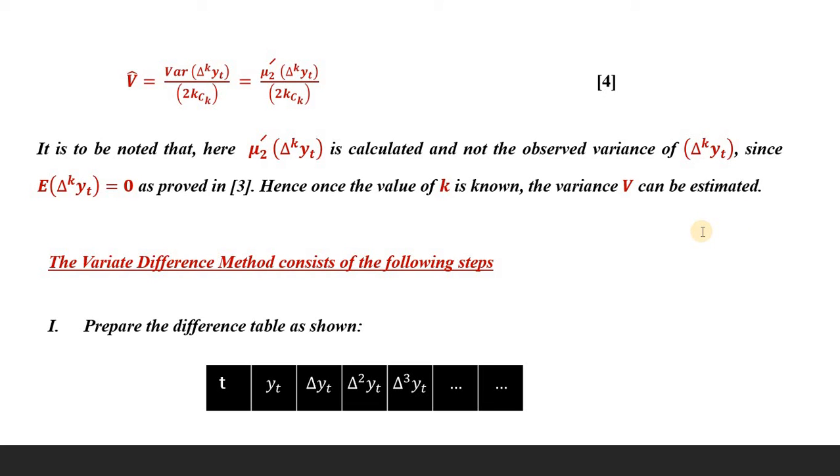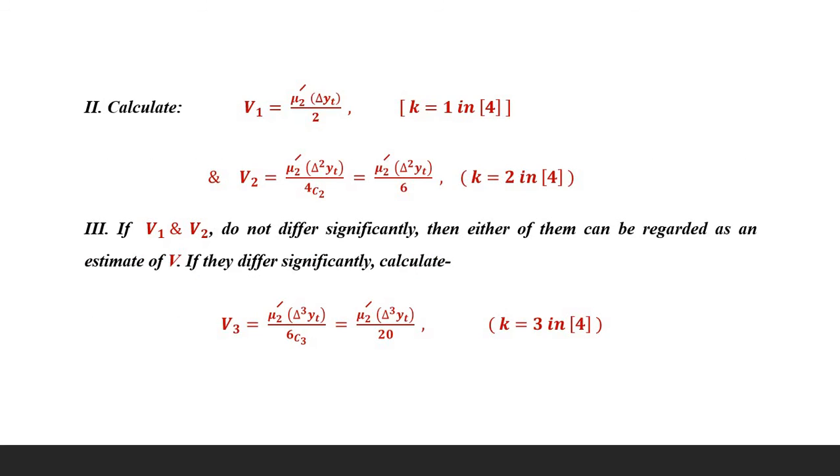So, the variate difference method consists of the following steps. First, we have to prepare this difference table like this. Then, we calculate V1, that is mu 2 dash of delta yt divided by 2 when k is equal to 1, and V2, that is mu 2 dash delta square yt divided by 4C2 when k is equal to 2.